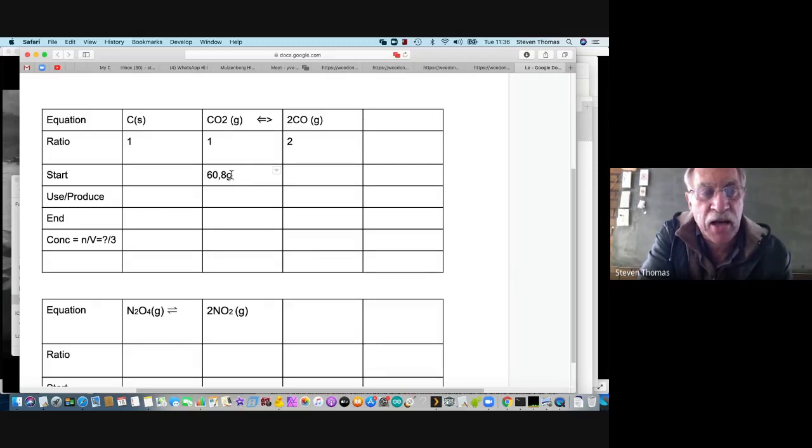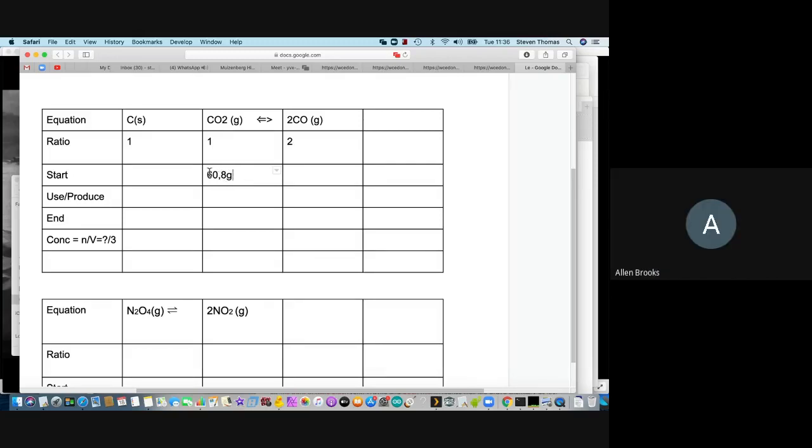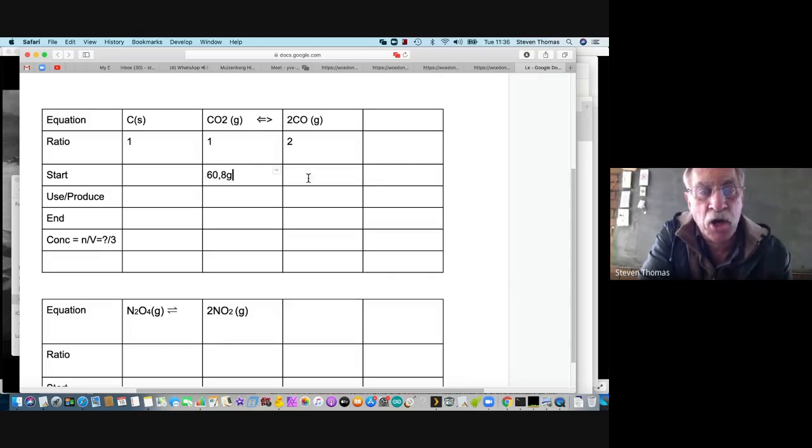But you see, unlike making waffles, we work only in moles. So we have a formula to convert grams to moles.